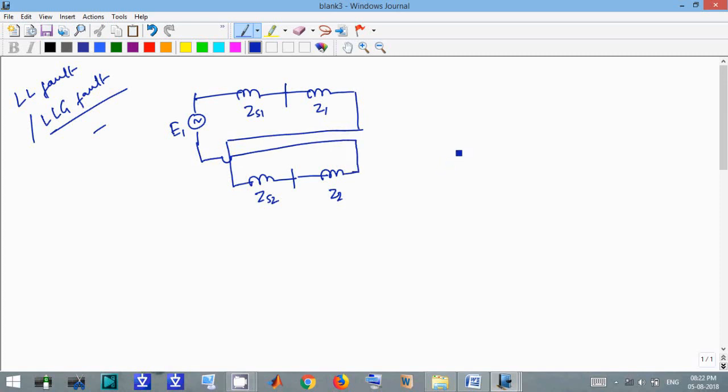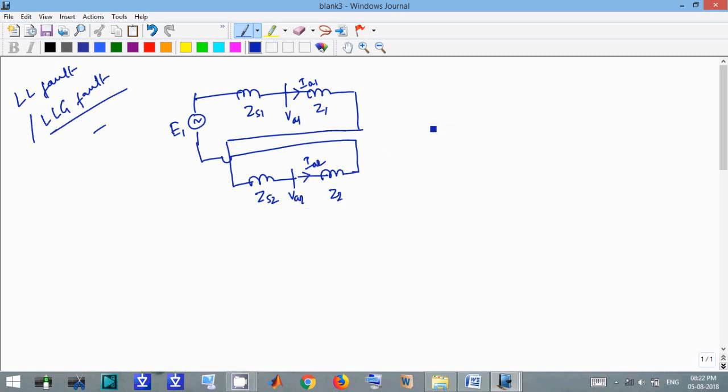So this is the connection. In this, this is IA1 and this is IA2. This is VA1, this is VA2.